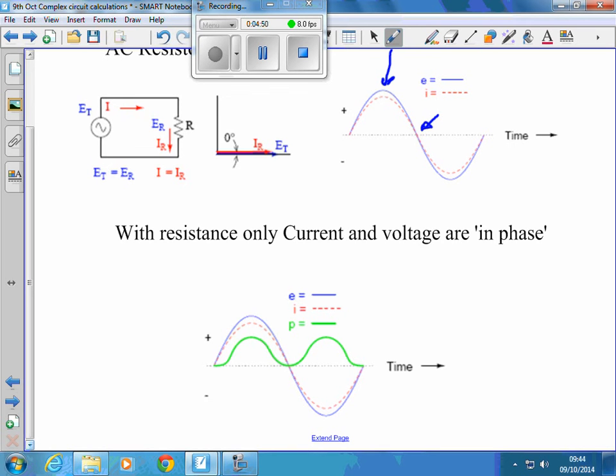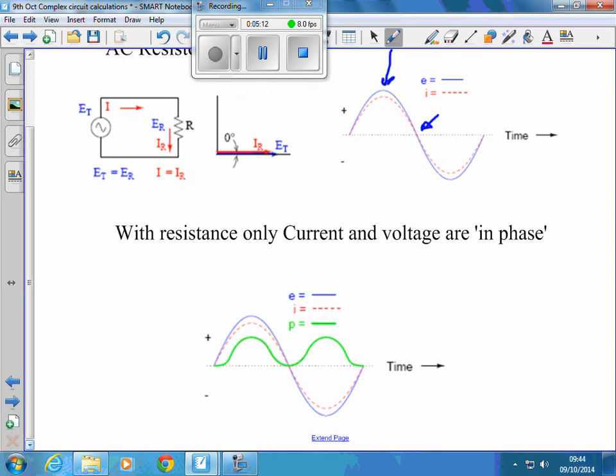So, current and voltage in phase. If we look at the power, it's all the time a multiplication of the instantaneous voltage and the instantaneous current. So we get two positive power pulses with a resistor. Okay? We'll come back to the power shortly.